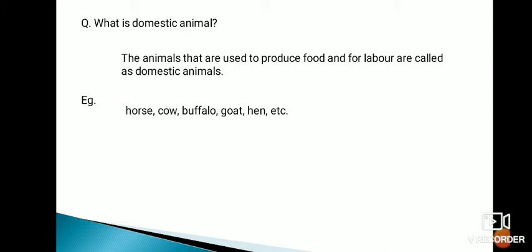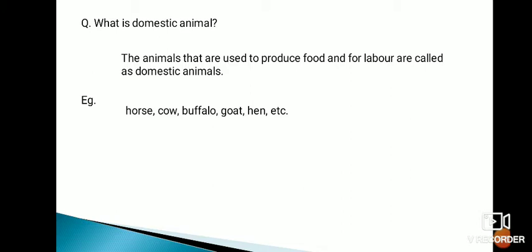While labor means the animals which we use for our work, okay, that is for our labor. For example, farm labor or any other kind of work, that is tonga, horse tonga, okay, bullock cart. We use it for our purpose. So horse can be used for carrying people from one place to another place, or even in marriages horse is used.